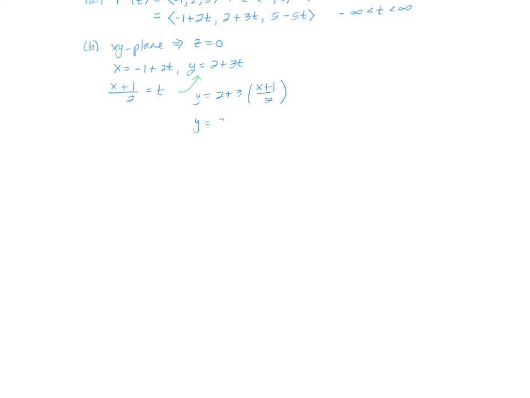I would go ahead and distribute this 3, or 3/2, so that becomes 3 over 2 x plus 3/2, and then combining like terms, we have 3 over 2 x plus 7/2.